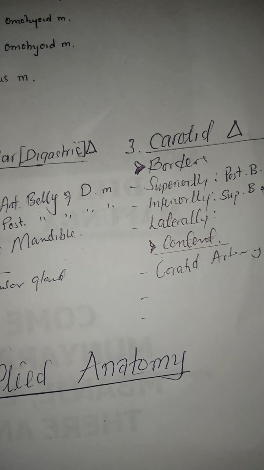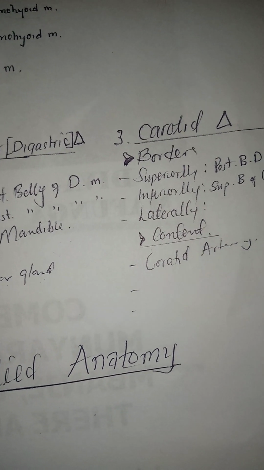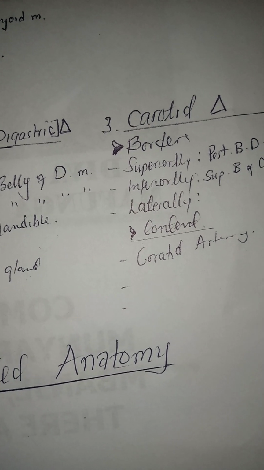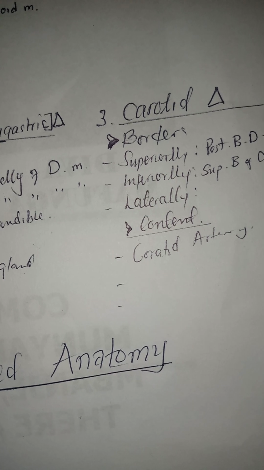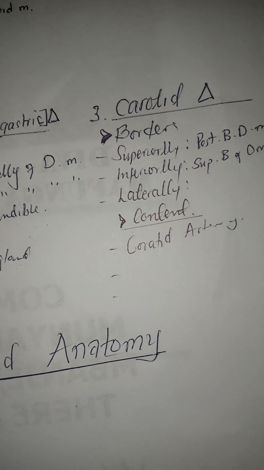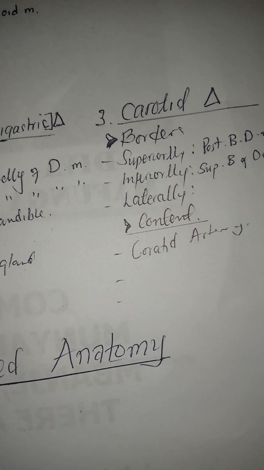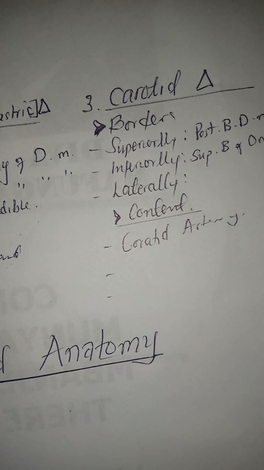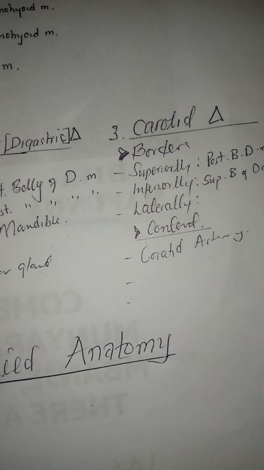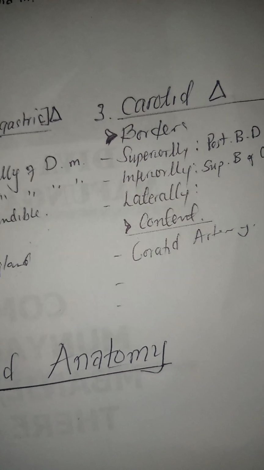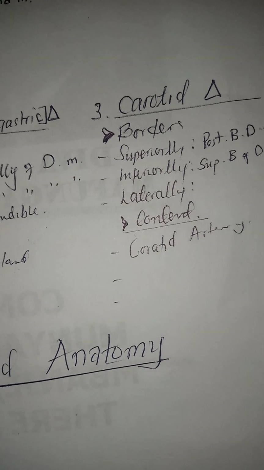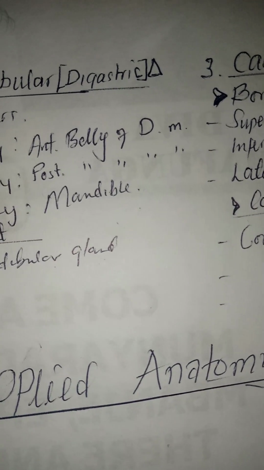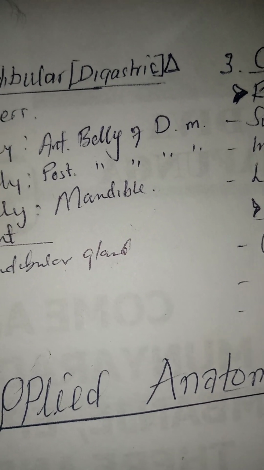So if you write facial nerve as one of the contents, you should be specific to say it just splits into 5 main branches. You already know the branches, the temporal and all those branches. Now we're done with the content of this triangle.